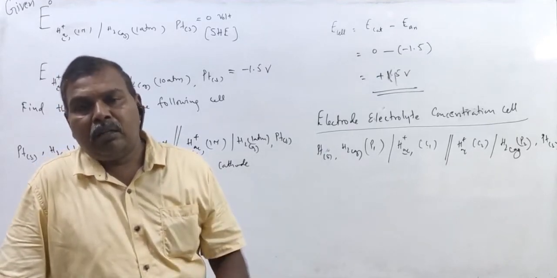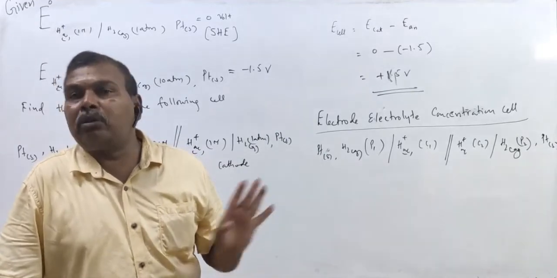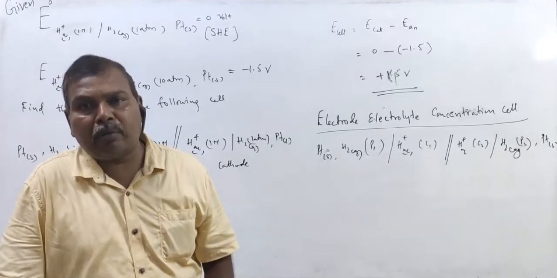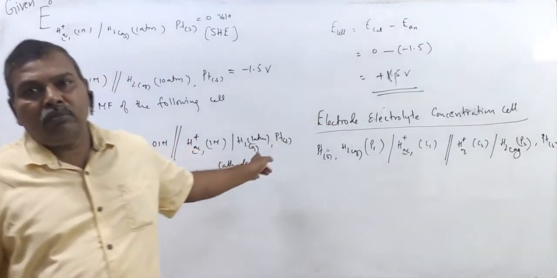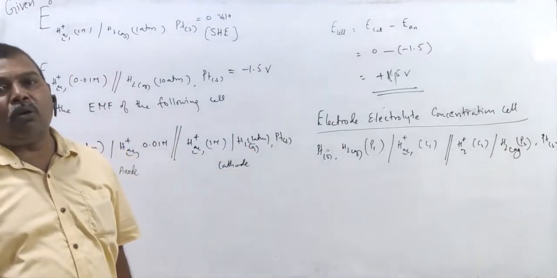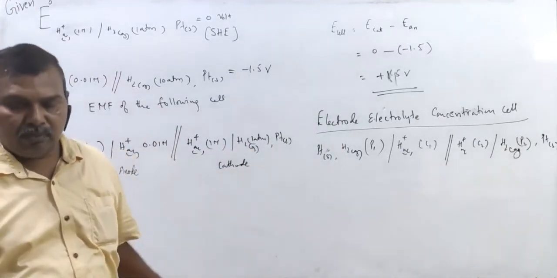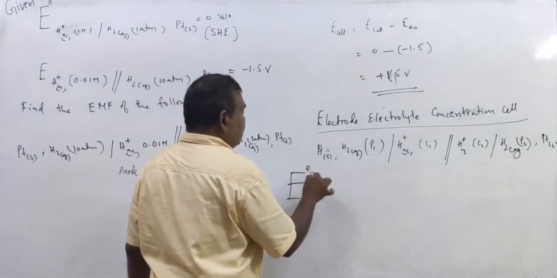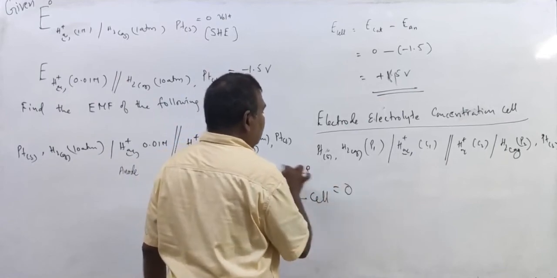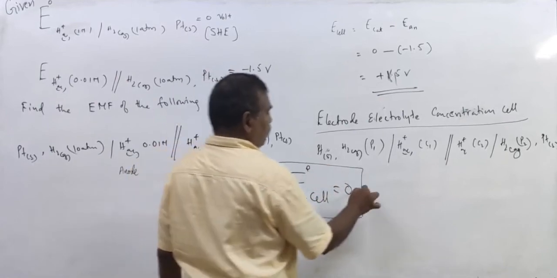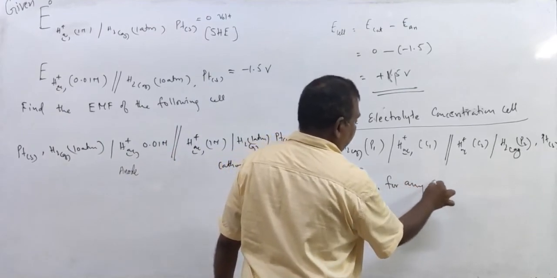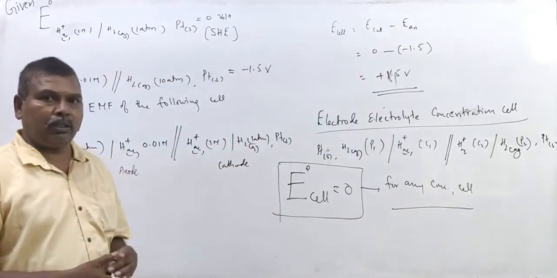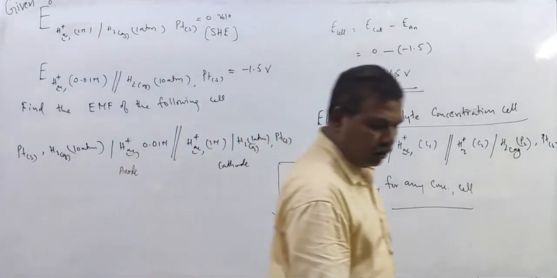For example, if electrode active mass is different in both compartments and electrolyte concentration is also different in both compartments, then those cells are called electrode electrolytic concentration cells. The only point common to these is that for any concentration cell, E naught cell is 0. Clear? We'll continue in the next class.